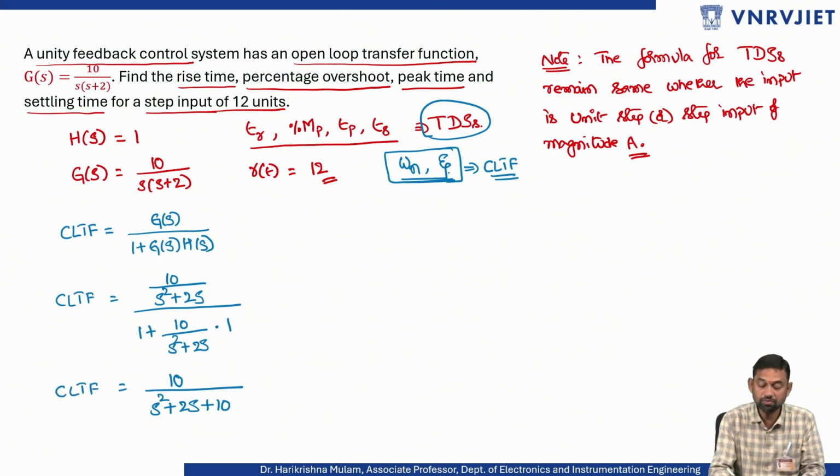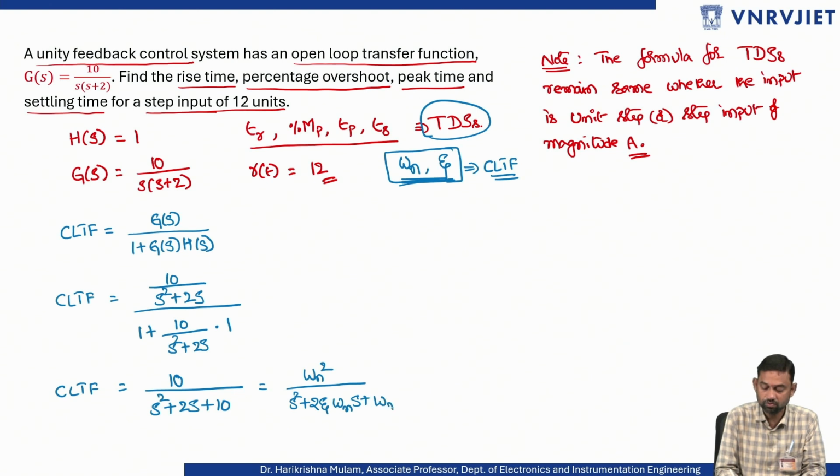To find zeta and omega n, you should compare this closed loop transfer function with the standard representation of the closed loop transfer function of a second order system, omega n square by s square plus 2 zeta omega n s plus omega n square.